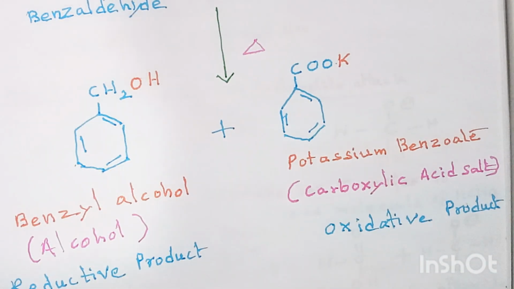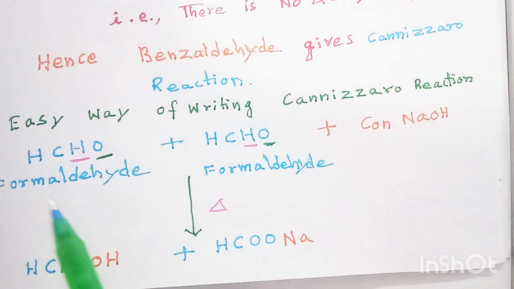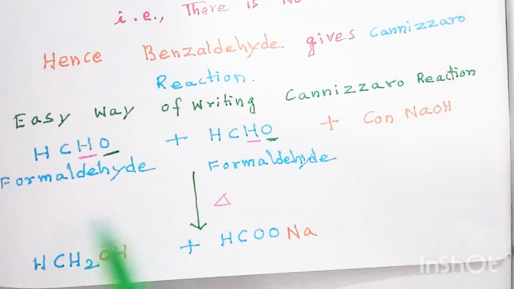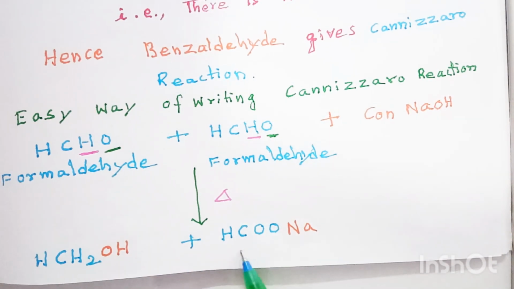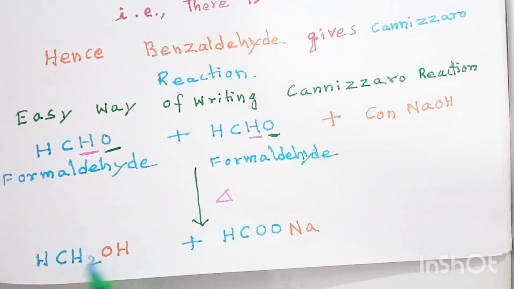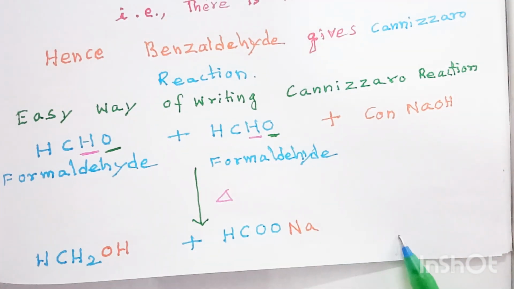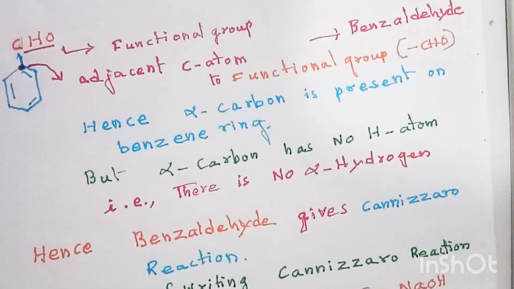So if you are asked in the exam about Cannizzaro reaction, write the definition and write these two reactions. This will be enough. Formaldehyde plus concentrated NaOH giving methyl alcohol and sodium formate.